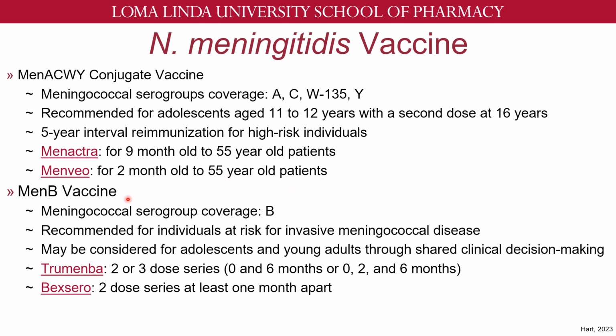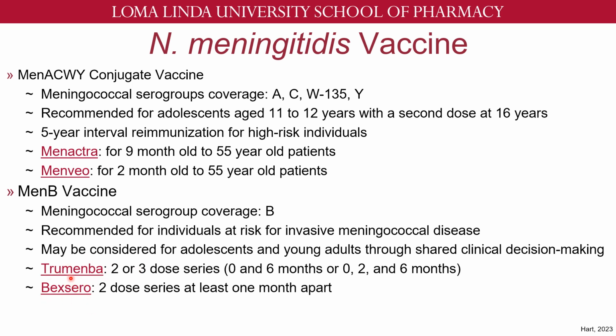We also have the MenB vaccine, which covers the B serogroup of Neisseria meningitidis. This is recommended for individuals who are at risk for invasive meningococcal disease, and it can be considered in adolescents and young adults through shared clinical decision making. These vaccines include Trumenba and Bexsero.